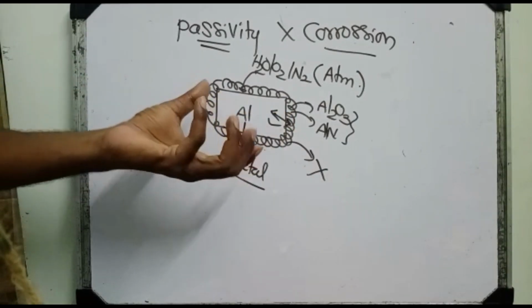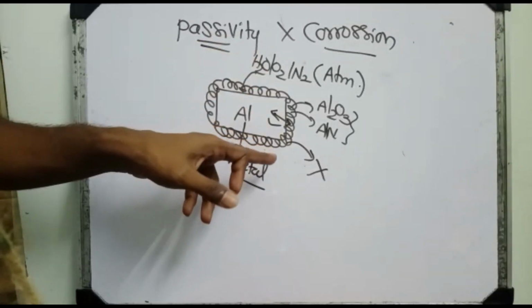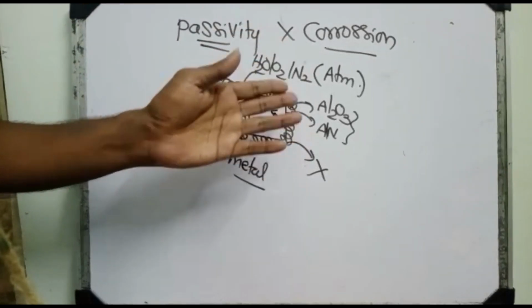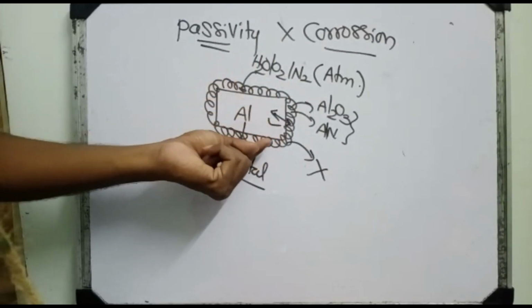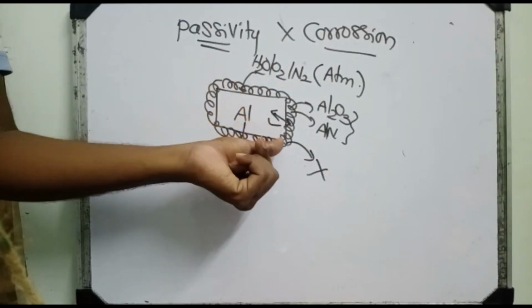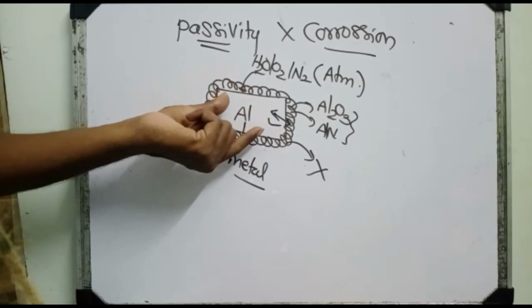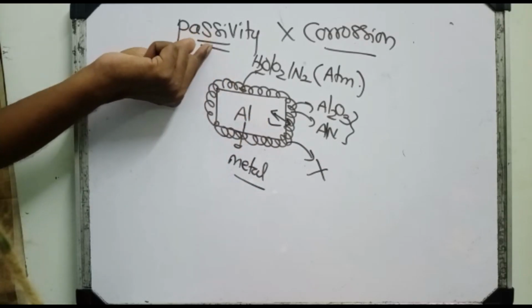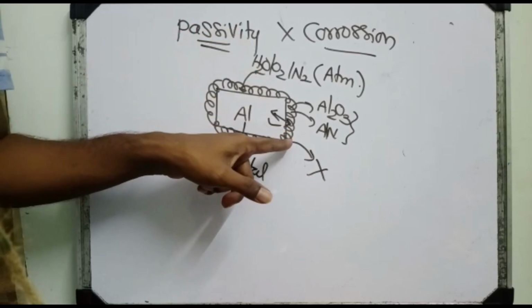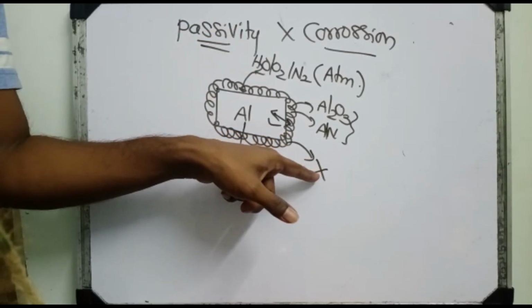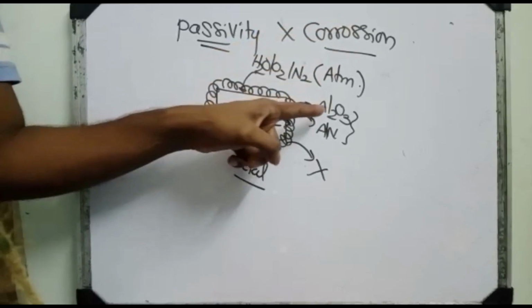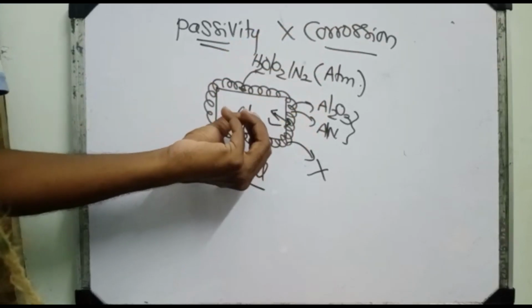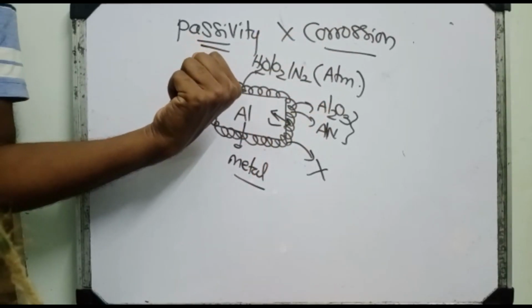At first the aluminium wire is shining. After some days the rain comes and they react and become brown in color. That outside layer secures the inside aluminium. That is called passivity. If this compound comes outside, that is called corrosion. Whatever compound forms and is strongly attracted to the metal, you call passivity.